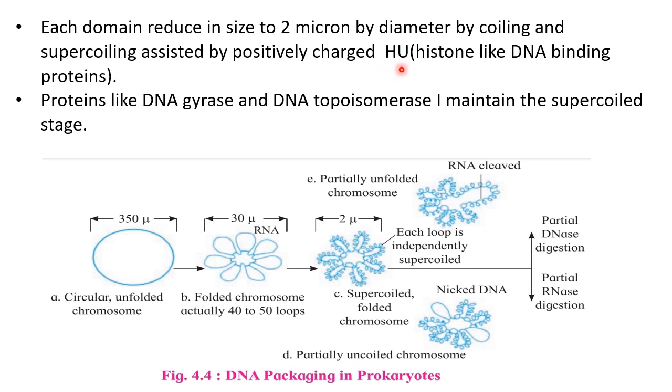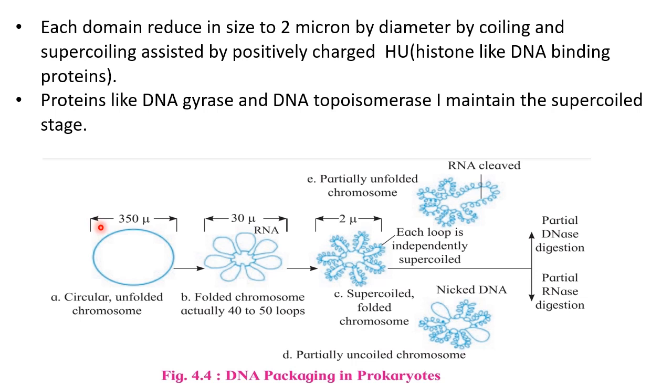Histone-like or HU are the histone-like DNA binding proteins. So DNA is negatively charged while proteins are positively charged, due to which they bind to each other. Then proteins like DNA gyrase and DNA topoisomerase maintain the supercoiled stage of the chromosome.